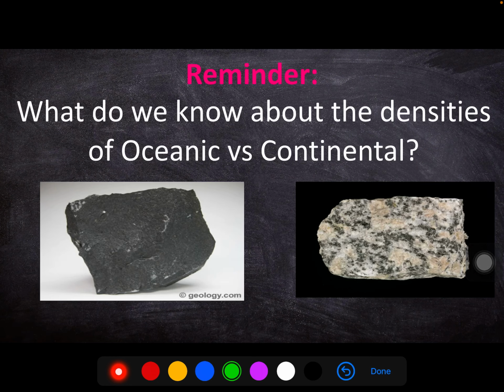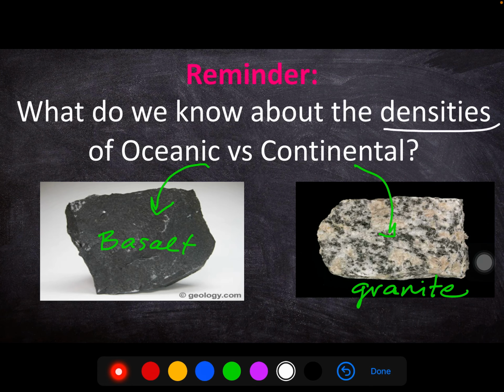While you're getting that set up, we do want to remind ourselves about the differences between our 2 kinds of crust. So our oceanic crust is made up of basalt, and our continental crust is made up of granite. Both of these are igneous rocks, meaning they're made from cooled molten rock, lava or magma.